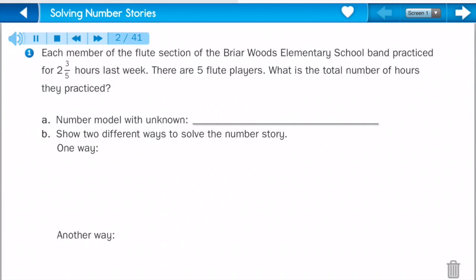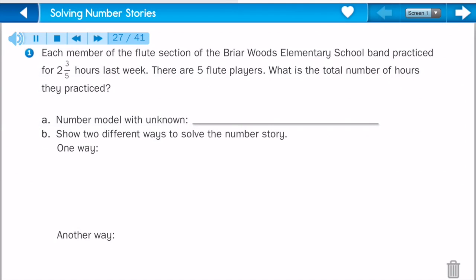Solving number stories. 1. Each member of the flute section of the Briarwoods Elementary School band practiced for 2 3/5 hours last week. There are 5 flute players. What is the total number of hours they practiced? A. Number model with unknown. B. Show 2 different ways to solve the number story.